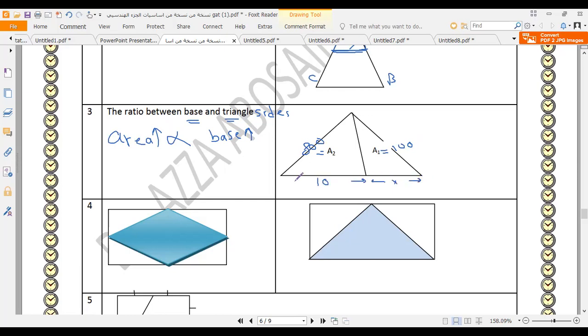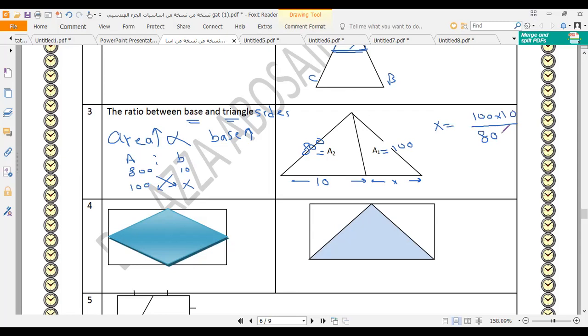So you will just write the area and the base in a ratio. The area here will be 800 when the base is 10. And if the area is 100, what will the base be? Then you just cross multiply to find the answer. So x is 100 times 10 over 800.